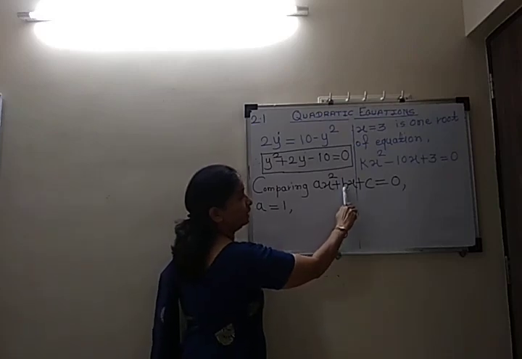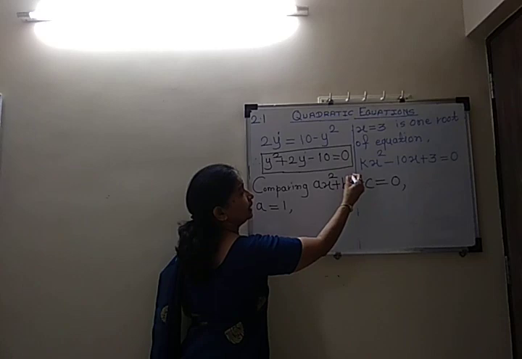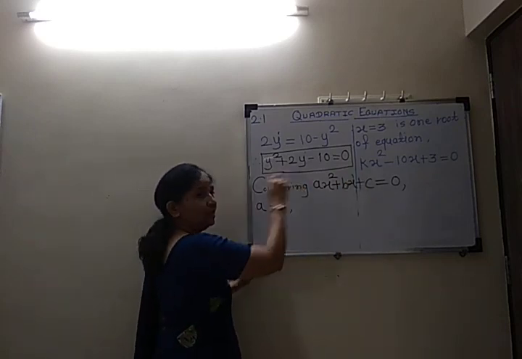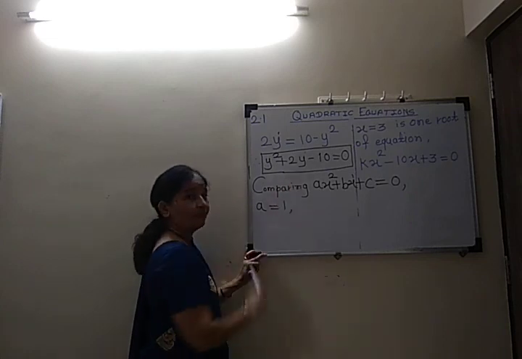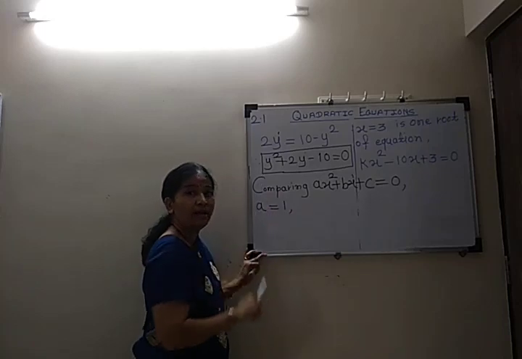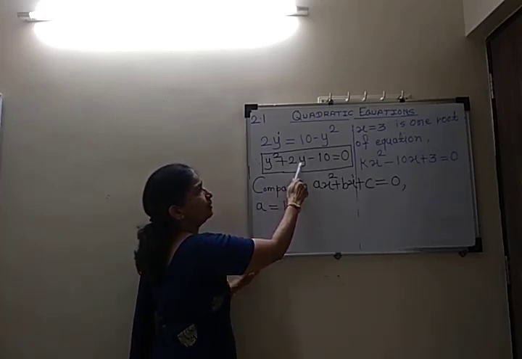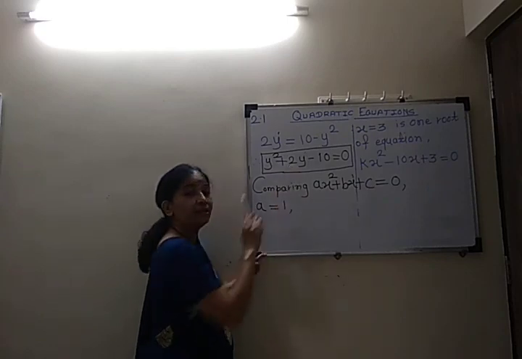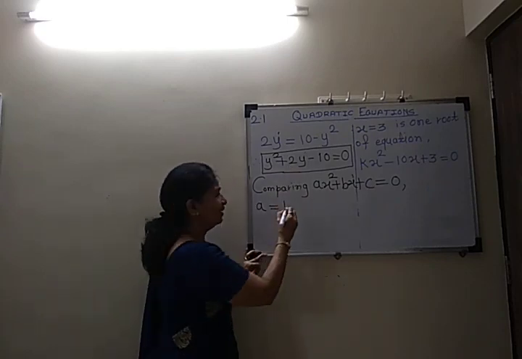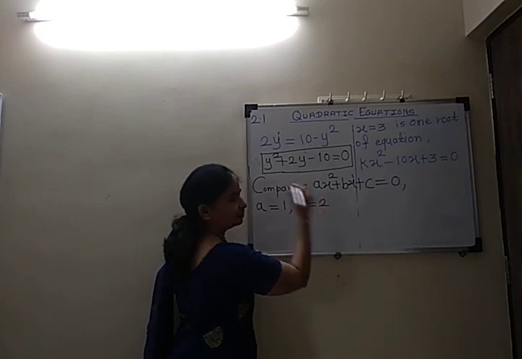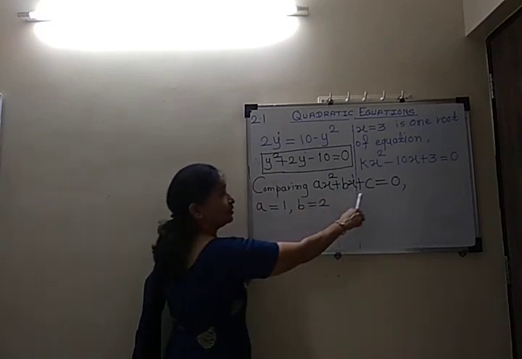What about b? See properly. B is the coefficient of the term of which index is 1, the middle term. So, see here, 2y. What is the coefficient of y here? That coefficient of y is 2, means our b is 2. So, may I write b is equal to 2? What about c?